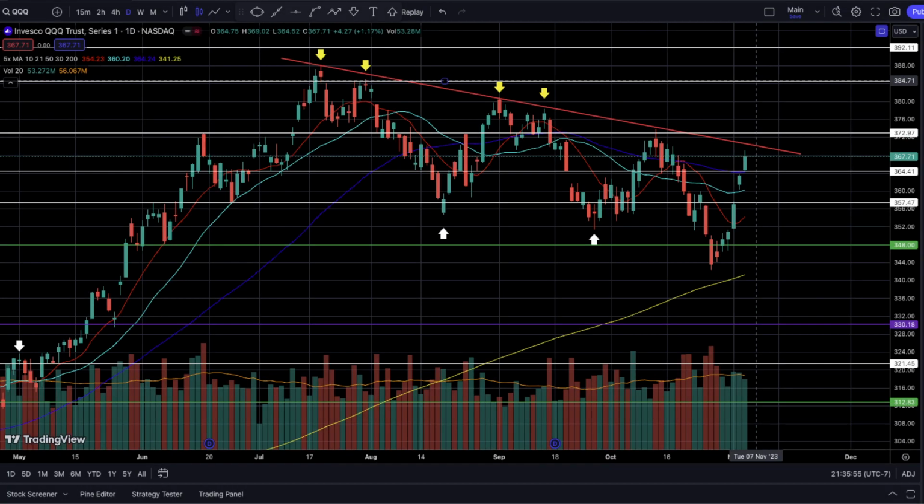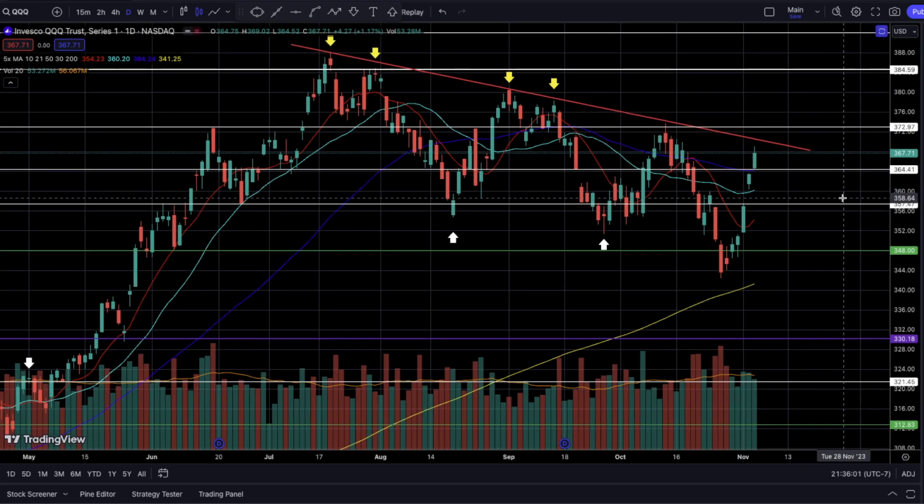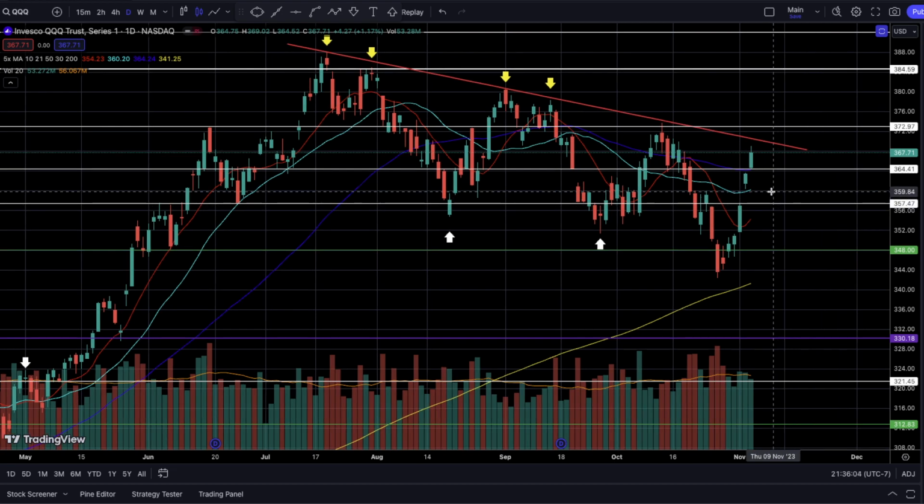Now QQQ, same story except just different levels, right? The only thing with the NASDAQ here is that the 21 SMA and the 10 SMA aren't too far off from the overall price action. So the fact that NASDAQ has also been leading this ramp up higher, and obviously individual strength for individual tech and growth names, I believe NASDAQ can hold up a lot better compared to the S&P 500.